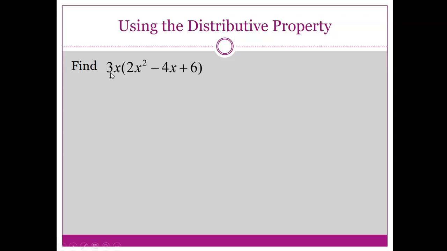Here we have a monomial times a trinomial. So what we're going to do is distribute that first term to every term inside. So that's going to look like that 3x going to the 2x squared, the negative 4x, and the positive 6.